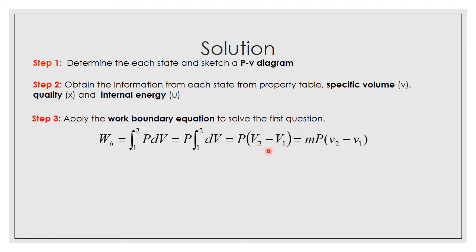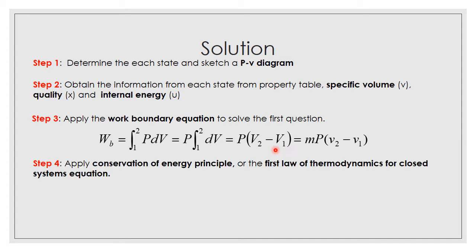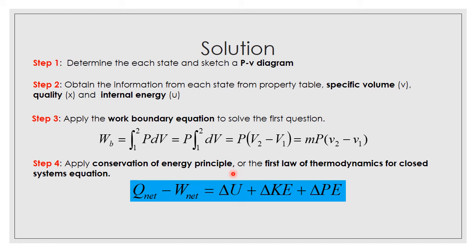So we may refer, based on the information in the question, to this equation. And then step 4, apply the conservation of energy principle, the first law of thermodynamics for a closed system, which is Q minus W equals the change in internal energy, kinetic energy and potential energy.